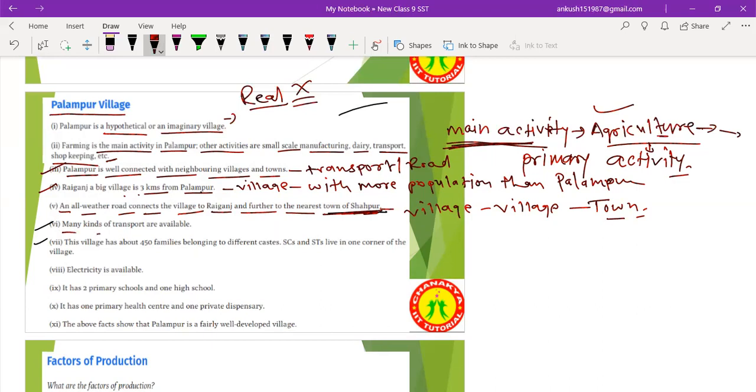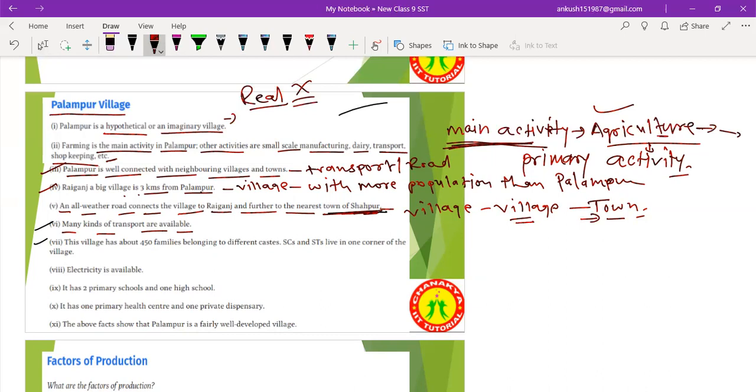Many kinds of transport are available there: tractors, trucks, tongas, jeeps, and mini trucks to transport the agricultural products to the village of Raiganj, and from there to the town of Shahpur. Understood?